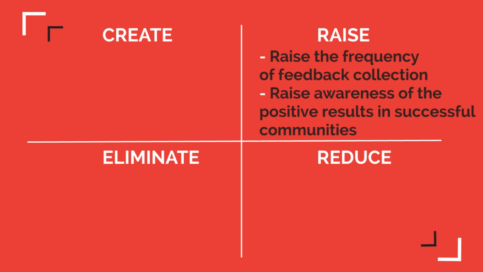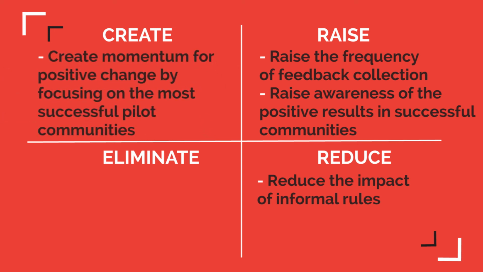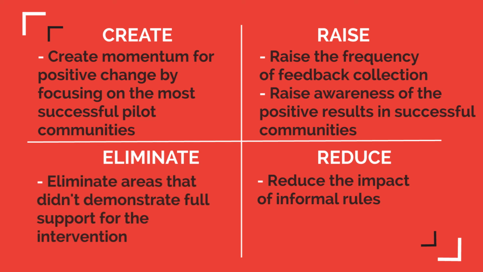Raise the frequency of feedback collection, raise awareness of the positive results in successful communities, reduce the impact of informal rules through workshops and community conversations, create momentum for positive change by focusing on the most successful pilot communities before expanding, and eliminate areas that didn't demonstrate full support for the intervention.